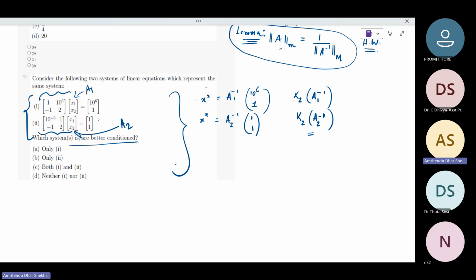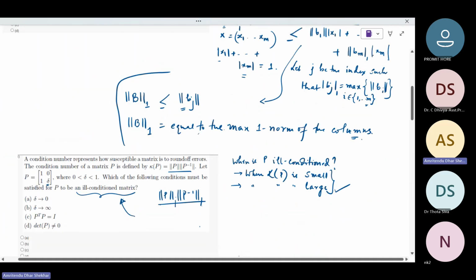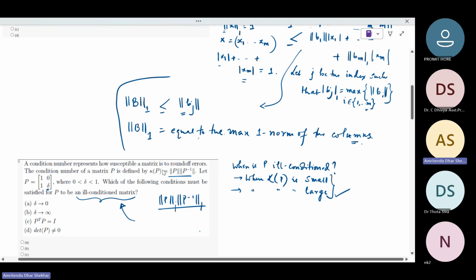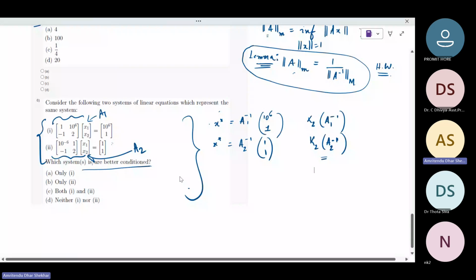You have that advantage that if you take a matrix and take the inverse, then the condition number doesn't actually change, because the condition number is just defined in this way. So the condition number is the same for a matrix and its inverse. So this is just going to be equal to k2 of A1 and k2 of A2.